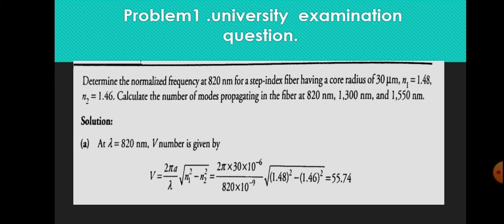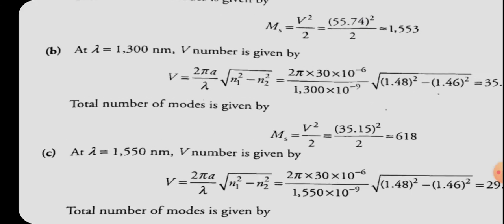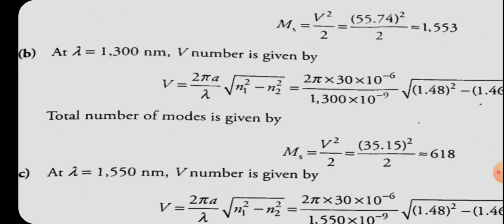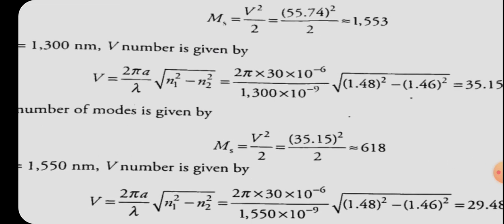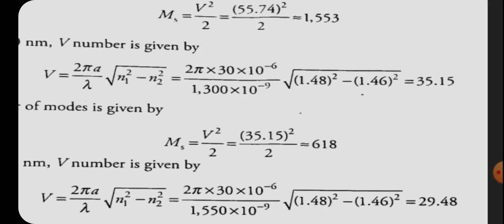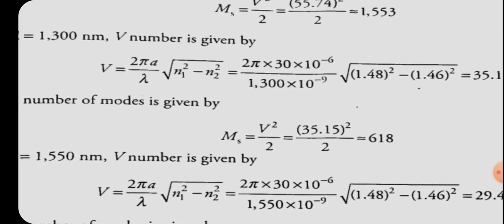At lambda equal to 1300 nanometer, V number is equal to 2 pi a by lambda into square root of n1 square minus n2 square. n1 and n2 are the same as before and a is also the same, the only difference is lambda. So you will get V as 35.15, and the number of modes can be found by the equation m equal to V square by 2. So you can substitute the value of V and you will get m as approximately 618.